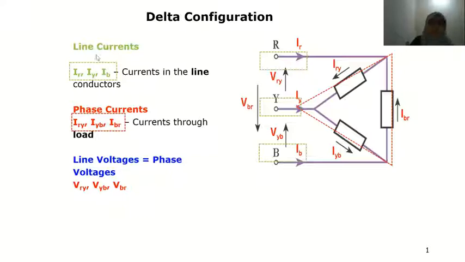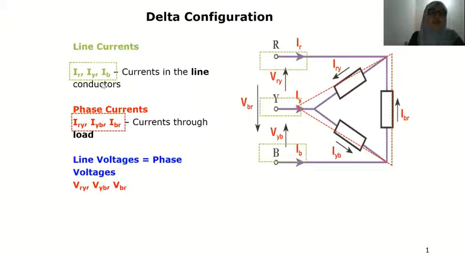For the delta configuration, there are also line currents, phase currents, line voltages and phase voltages. The delta configuration means your red phase, your Y phase, and your B phase are connected in delta, also called mesh connection.